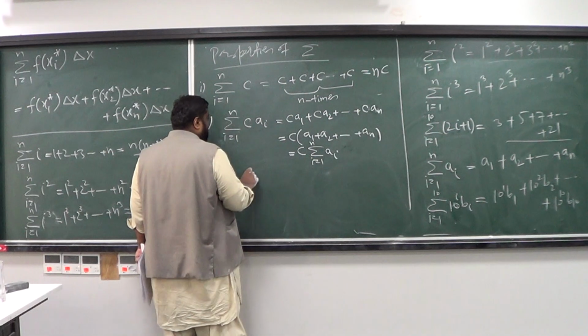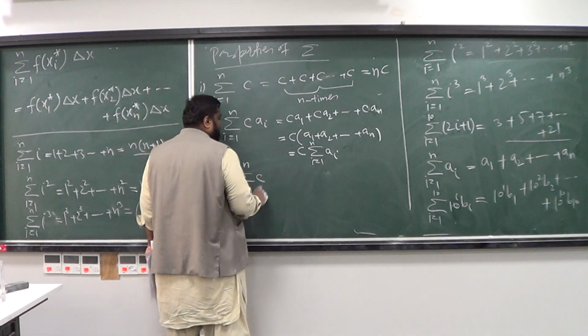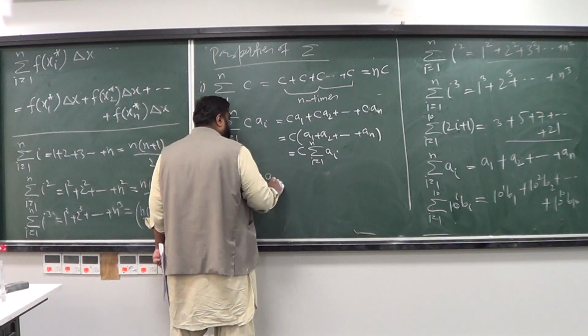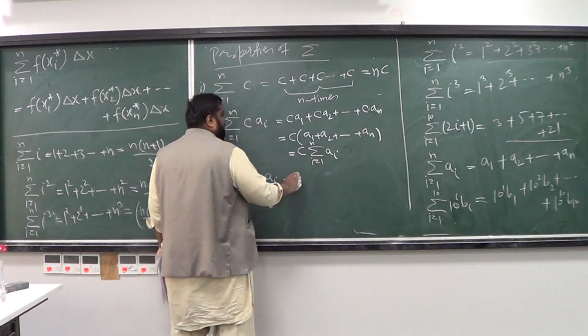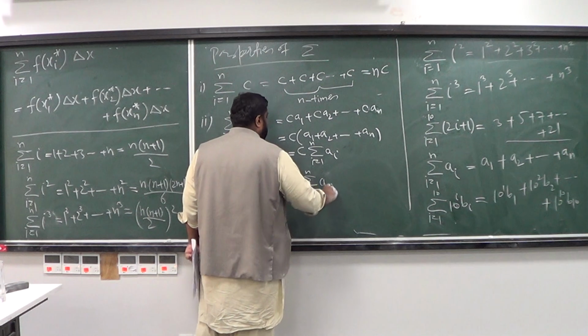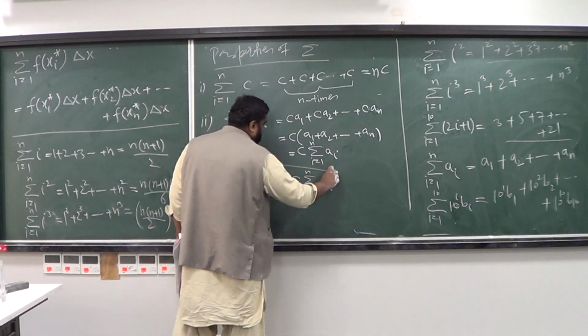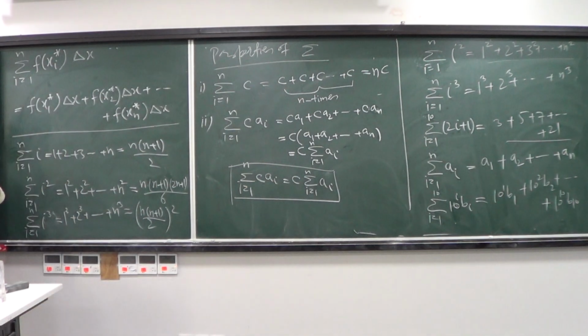The net conclusion is that if you have a sum from i equal to 1 to n, where C is a constant multiplied with something that has the index, you can pull that constant out of the sum by the distributive law. It is like taking the common C out of all the terms.